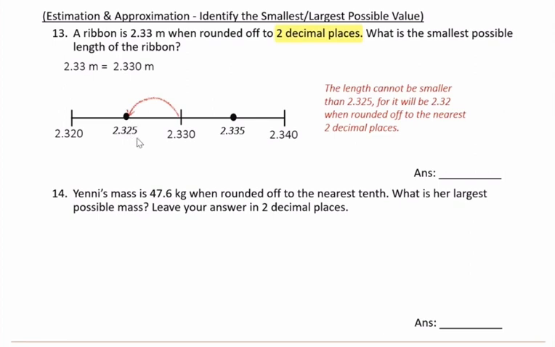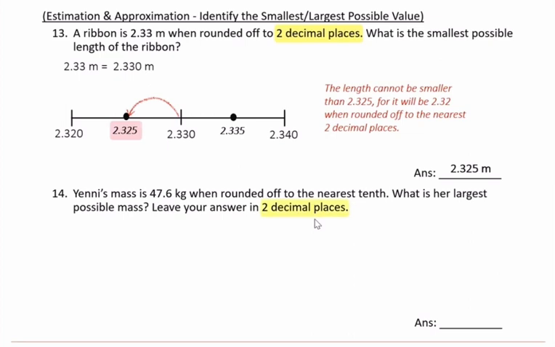If the thousandth place is 4 and less, we'll round back down to 2.32. So this is the smallest value that can be accepted. So your answer will be 2.325 meter.